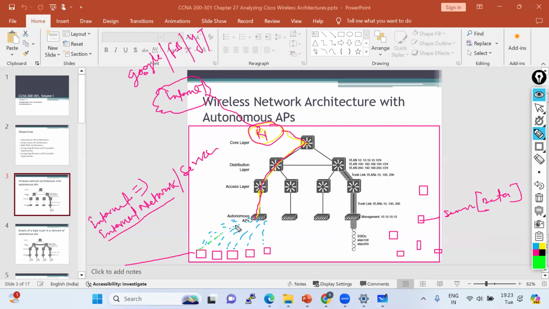This user reaches the AP via wireless, and the AP goes to the switch, maybe this way or that way. Finally it comes to this AP, which keeps broadcasting signals, and it reaches this PC. This is how the communication happens. So you can see, whether I have to do internal network communication or external network communication.